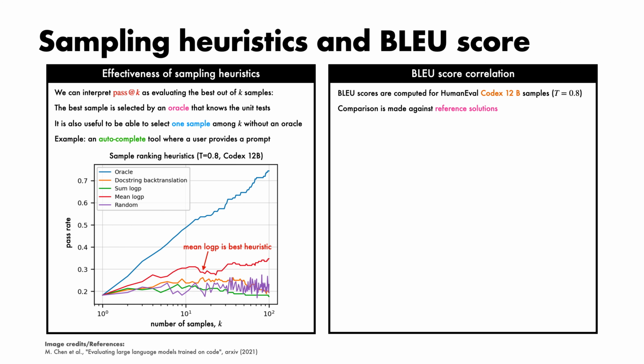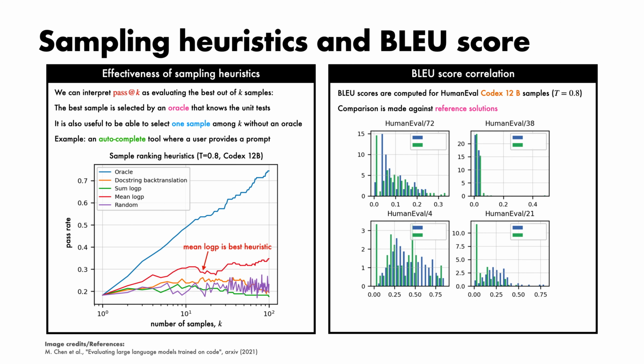Here we show plots for 4 randomly sampled problems. The x-axis on each plot depicts BLEU score, while the y-axis depicts probability density. The blue bars illustrate the distribution of BLEU scores for correct solutions, while the green bars illustrate the distribution of BLEU scores for wrong solutions.